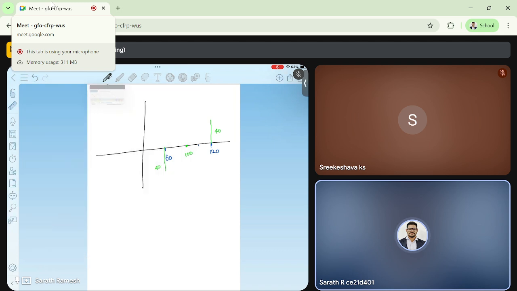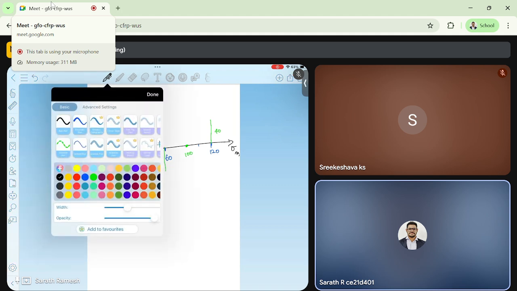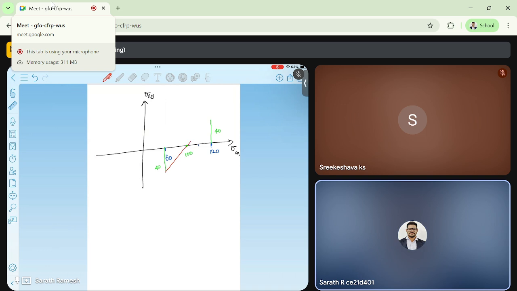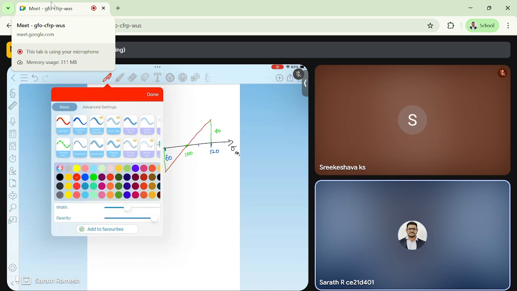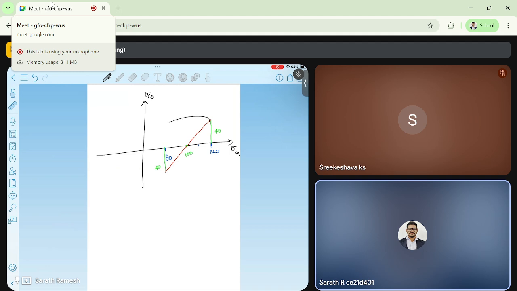By the way, this is the sigma axis. This is the tau axis or sigma xy axis. This is sigma xx or sigma yy axis. Now, when we draw this, we'll get a diameter like this. And so this radius would be, this is 20, this is 40.